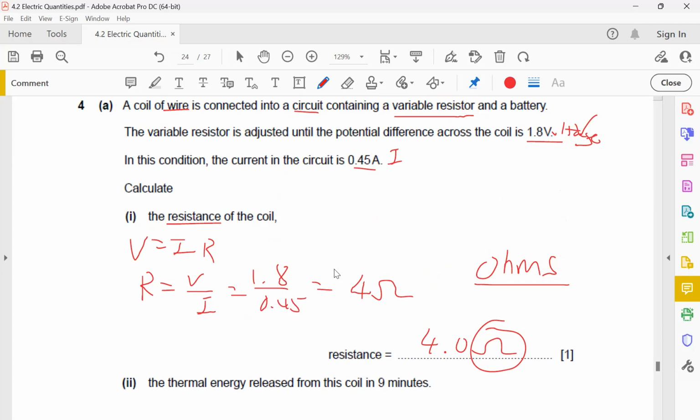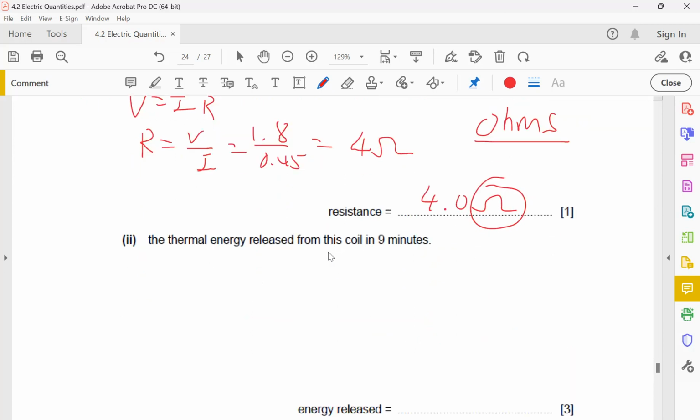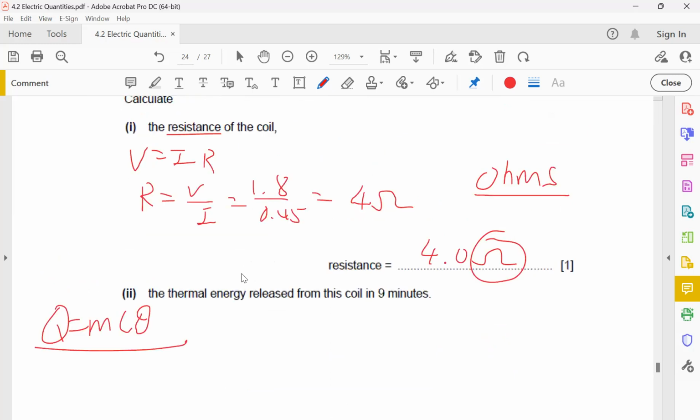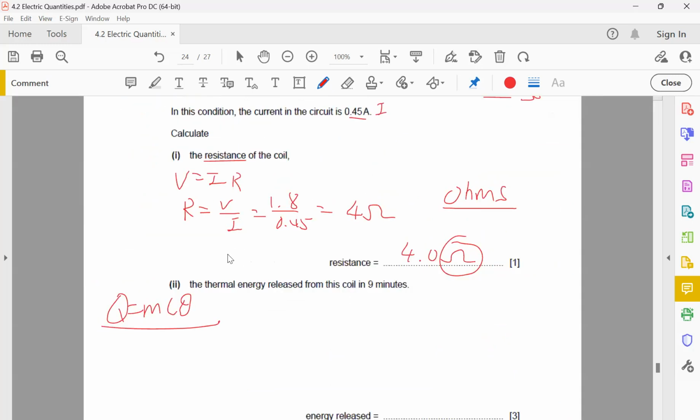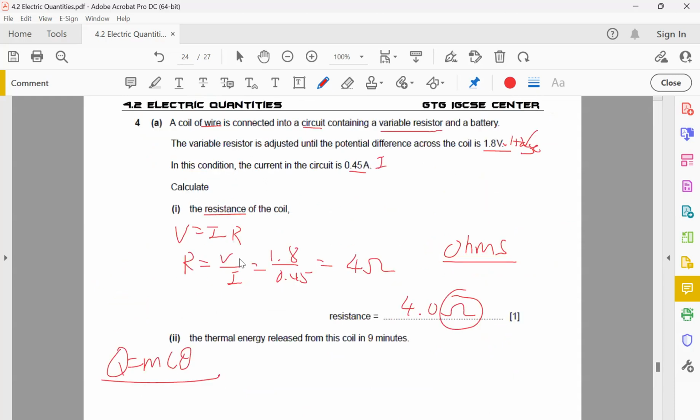Okay, and then the next part, the thermal energy, which a lot of people actually get confused, because whenever they talk about thermal energy, straight away they'll think about Q equals mc theta, right? Now this formula is definitely not wrong, guys, but in this situation, it is definitely the wrongest of the wrongest. Why?